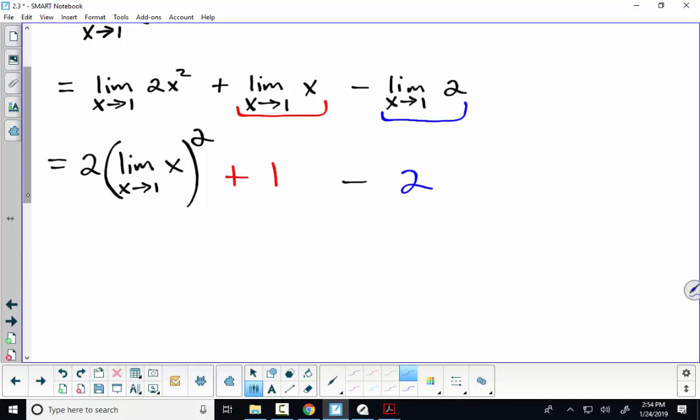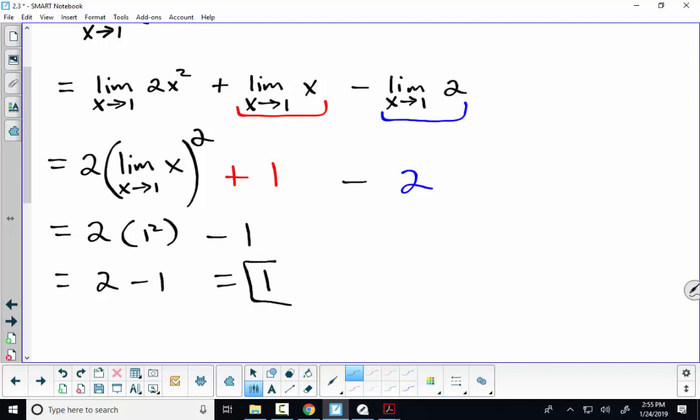Yeah, the limit evaluates to 1. 1 squared is 1, and we multiply it by 2. Okay, so that limit is equal to 1.